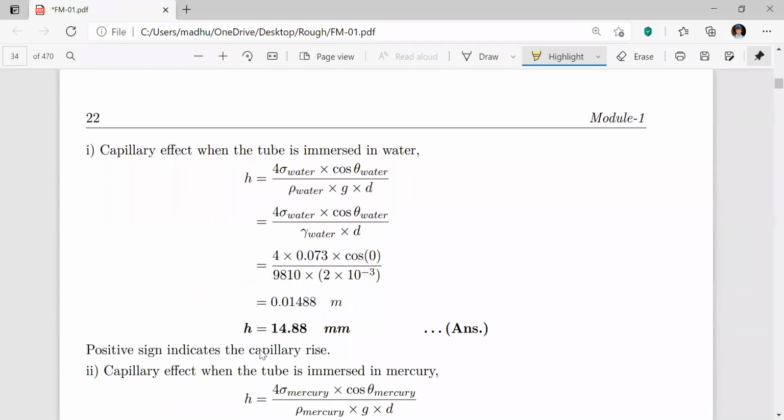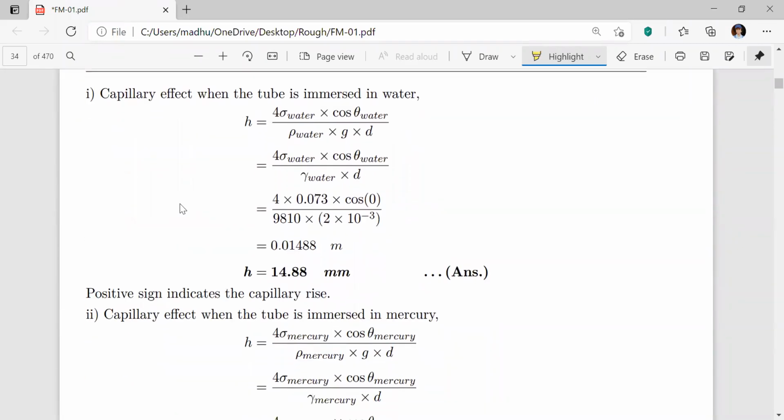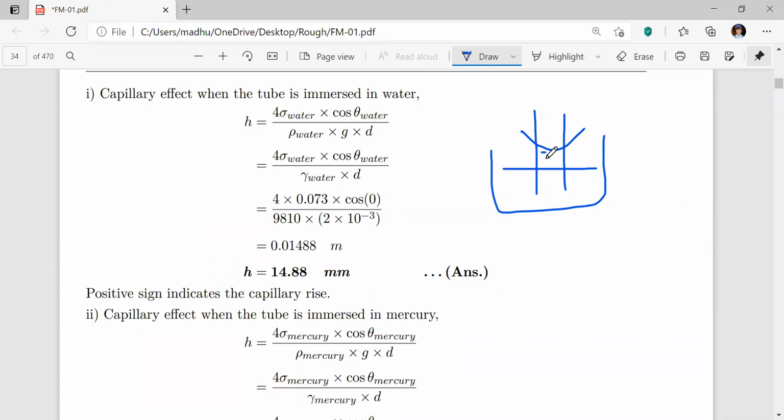Now in the first case I will take the capillary effect when the tube is immersed in the water. So when the tube is immersed in the water, what happens generally? The fluid rises like this. So this is the fluid. Now you see that this is capillary rise.